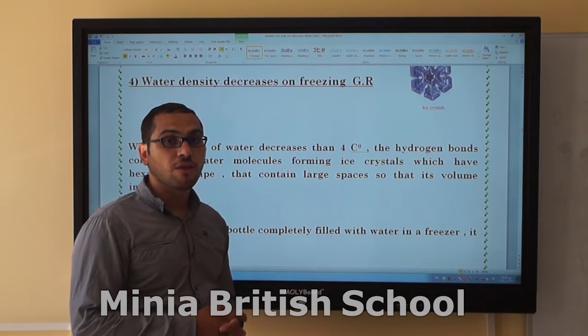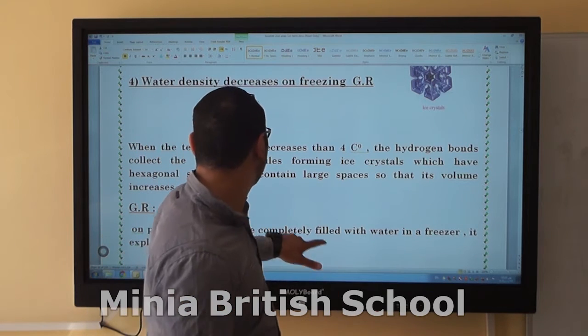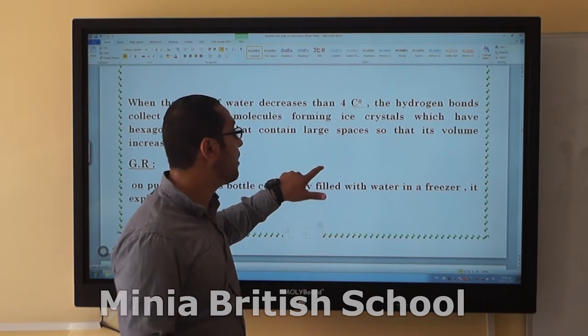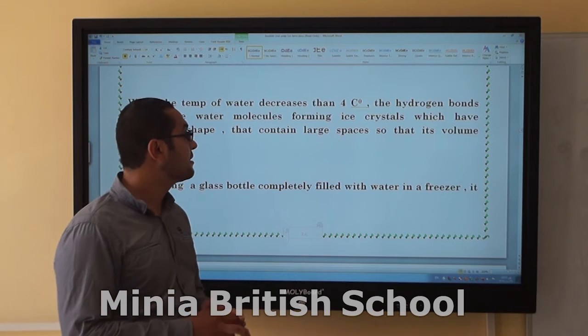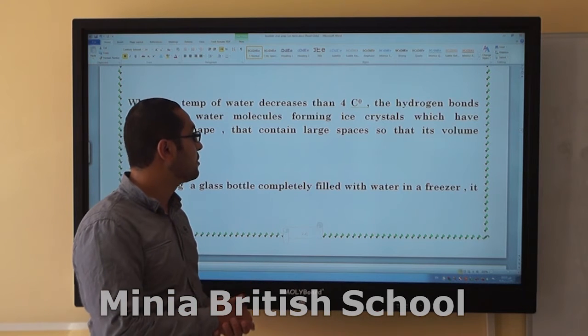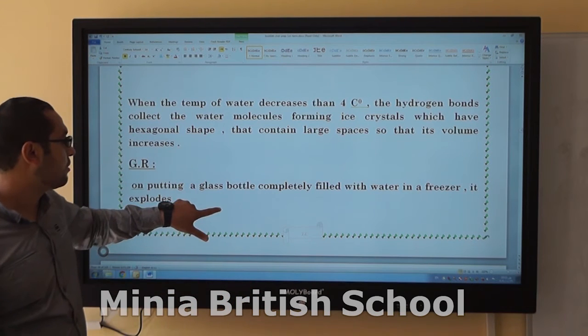So the ice can float on the water surface.